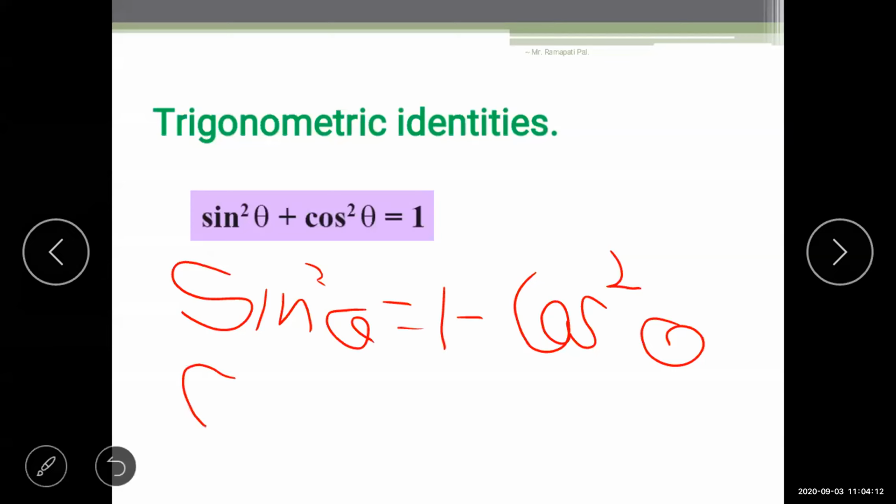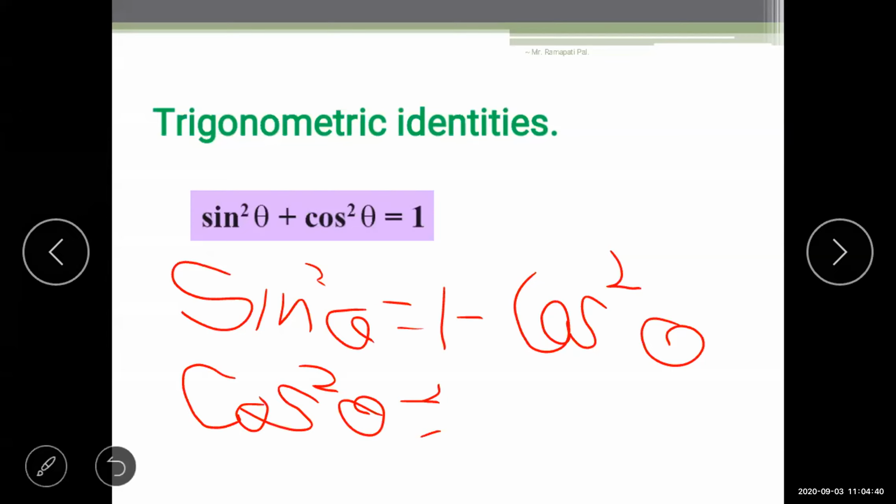And cos square theta is what? Tell fast. Cos square theta is what? 1 minus sin square theta. Correct. So first identity you understood?